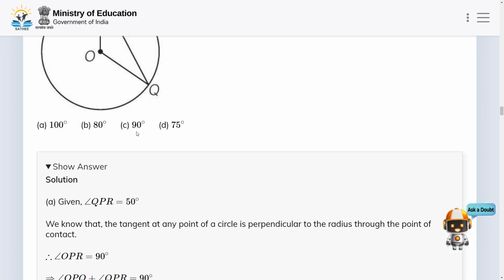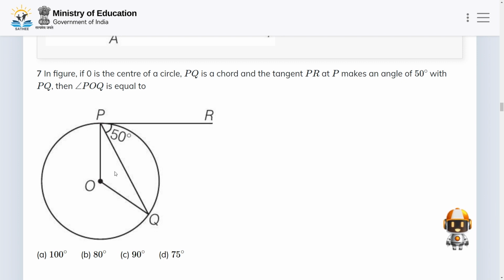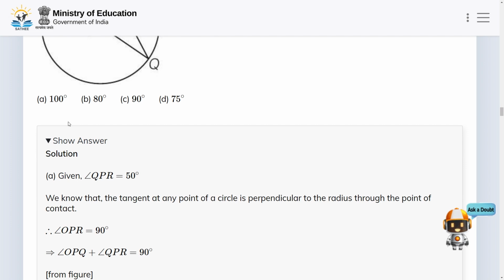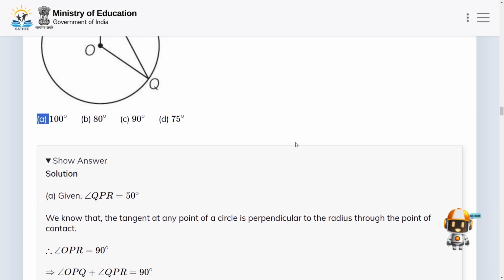So the angle POQ is equal to 100 degree.